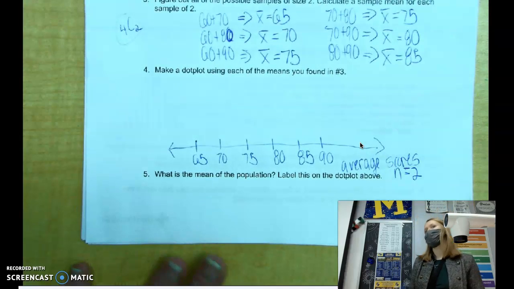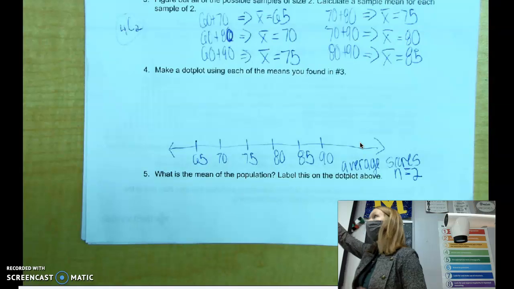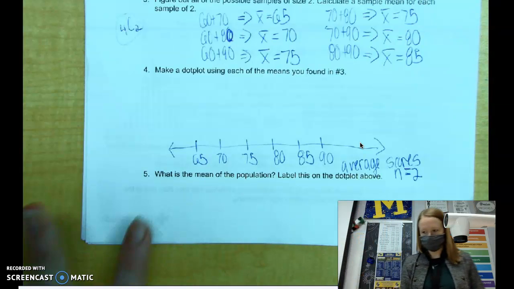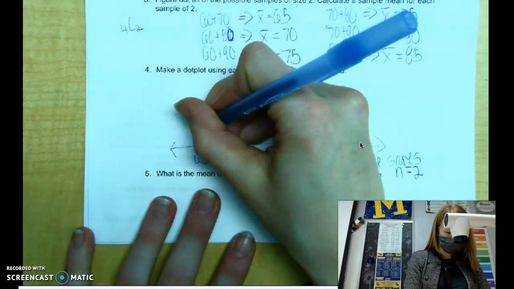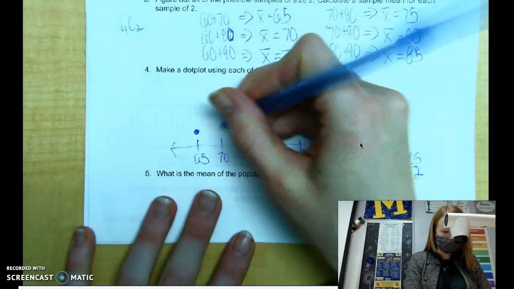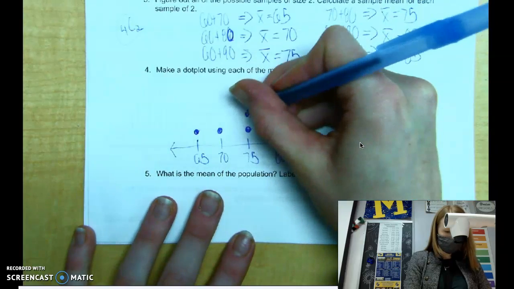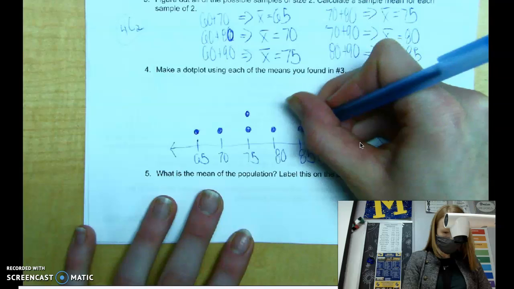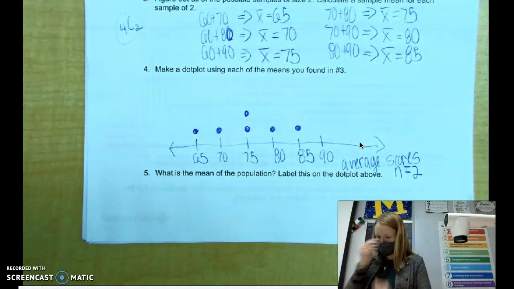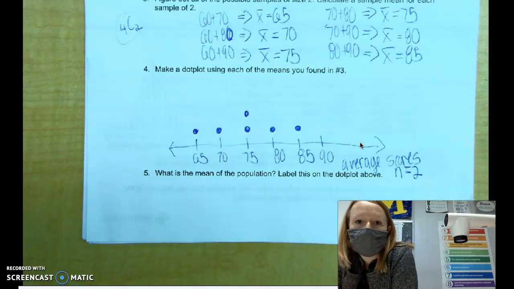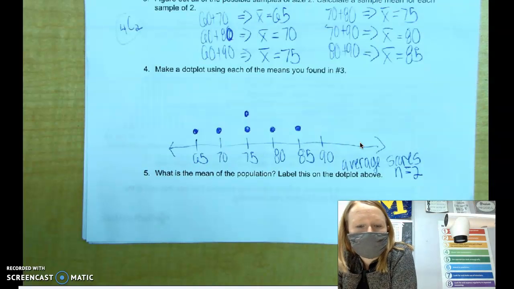If we took 2 students from the population of 4. And we can create our dot plot. We had an average score of 65, 70, 75, 80, and 85, right?